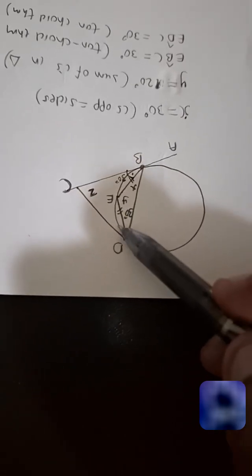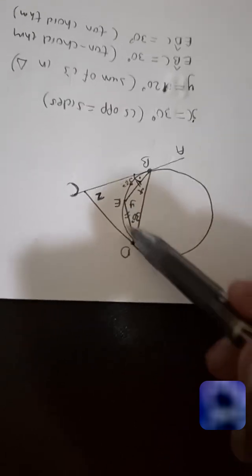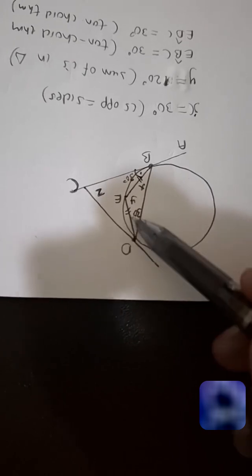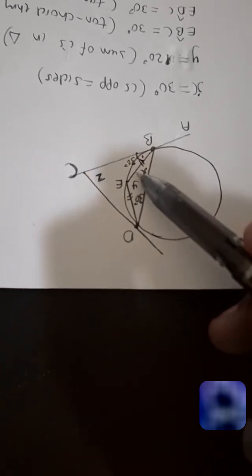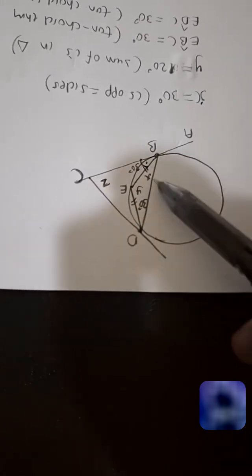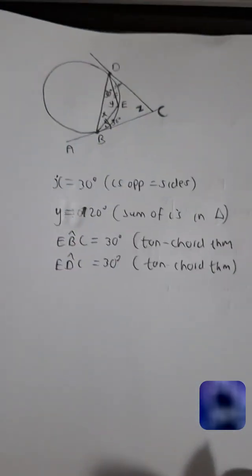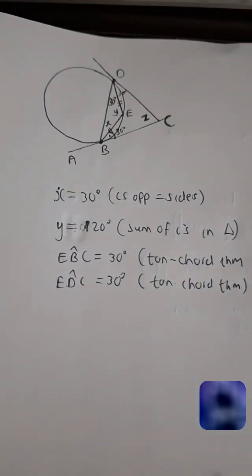If you look at the chord, it subtends angle EBC, which is 30 degrees. So we have 30 there and 30 there, which is amazing.